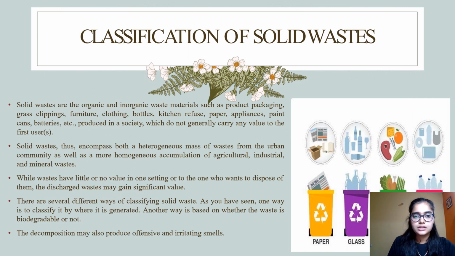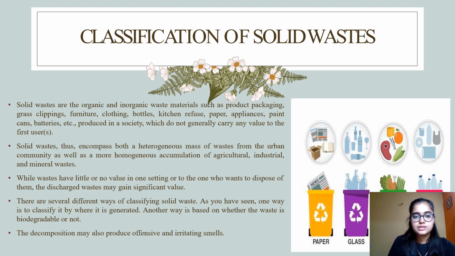Now, let's learn about classification of solid waste. Solid wastes are classified into two types, organic and inorganic, which include product packaging, furniture, clothing, bottles, paper, appliances, paint cans, batteries, etc., which are produced in a society. These are not carried forward after the first use.